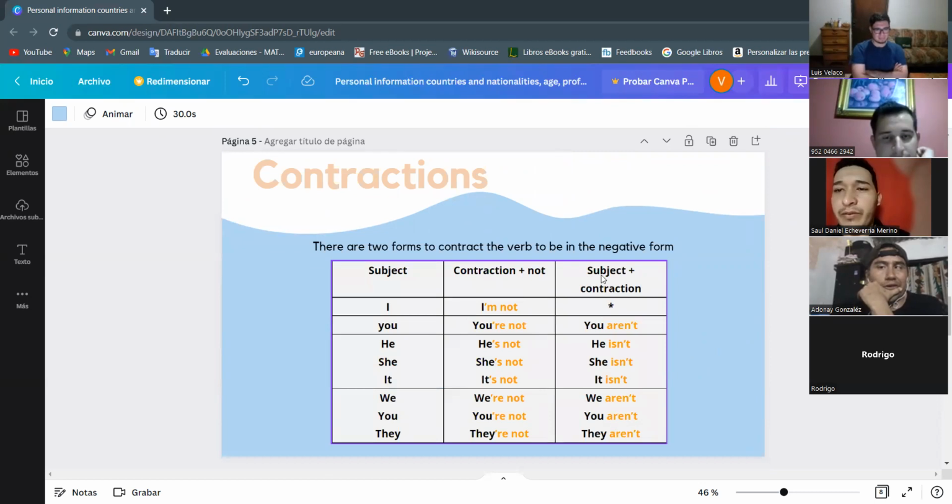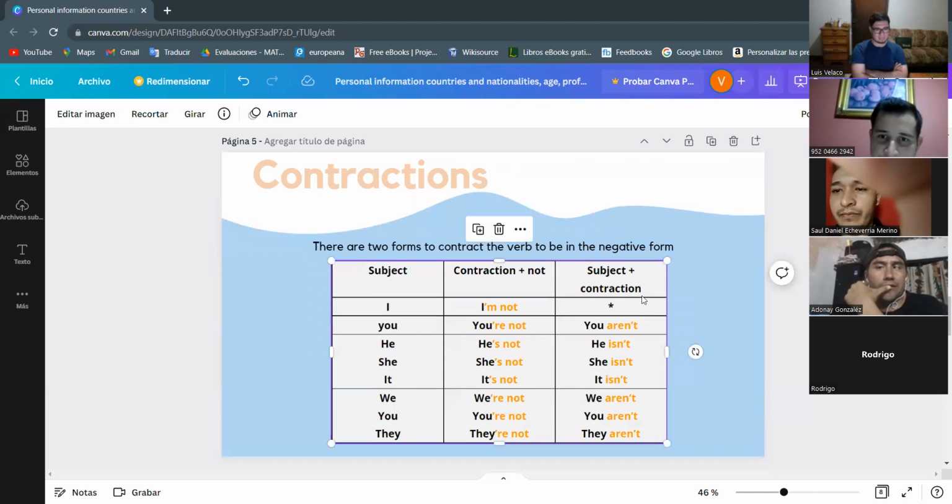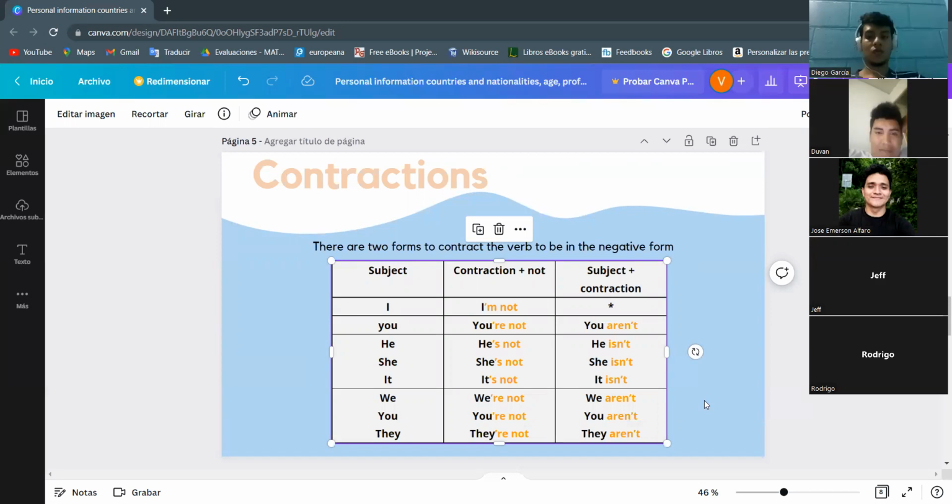How would the sentence go if you were using this form? Subject plus contraction. Saul again.